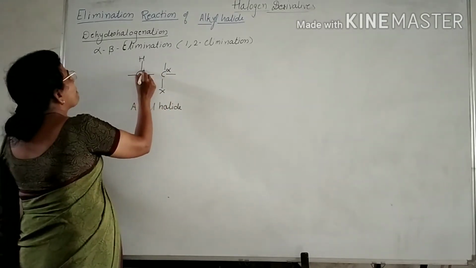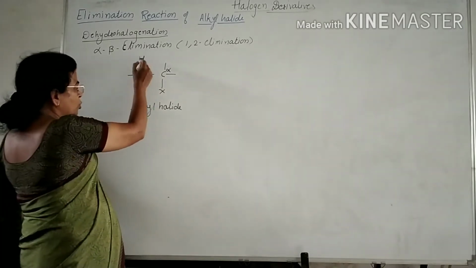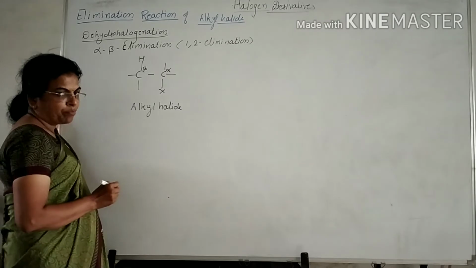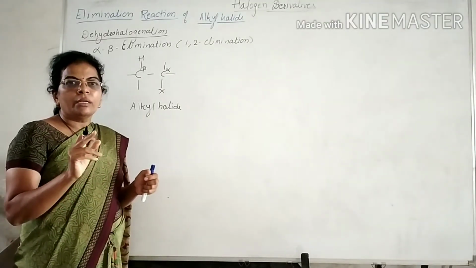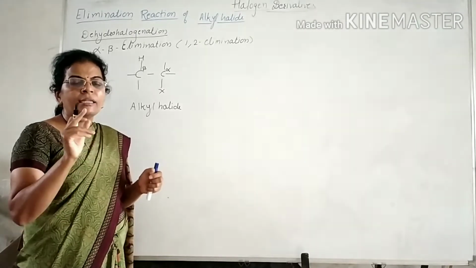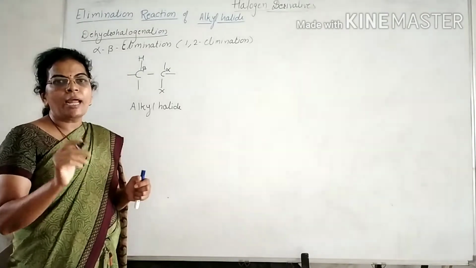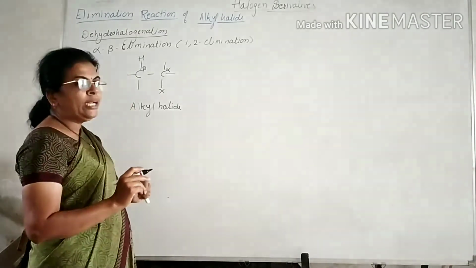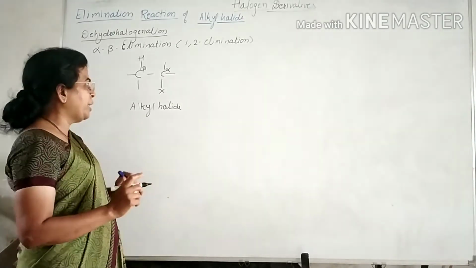This other carbon atom is the beta carbon atom which is attached to beta hydrogen atom. In case of alkyl halides, the condition is that this alkyl halide must contain at least one beta hydrogen atom, and then it undergoes dehydrohalogenation reaction or alpha-beta elimination reaction.